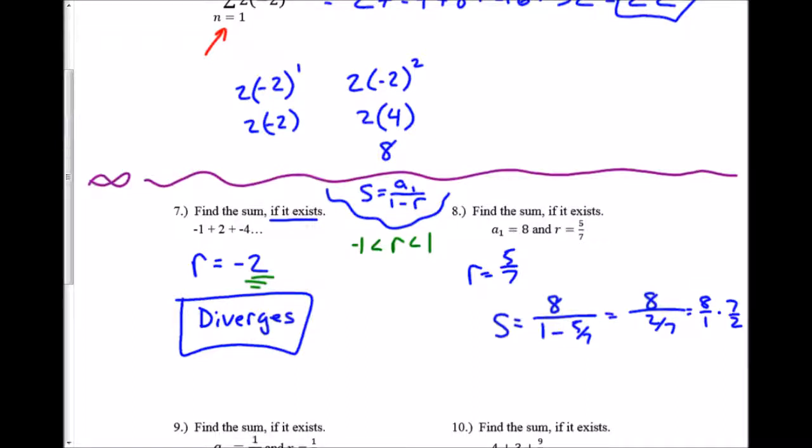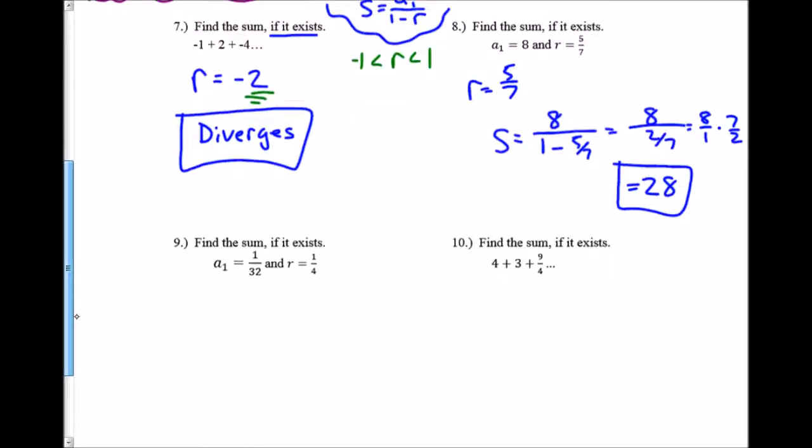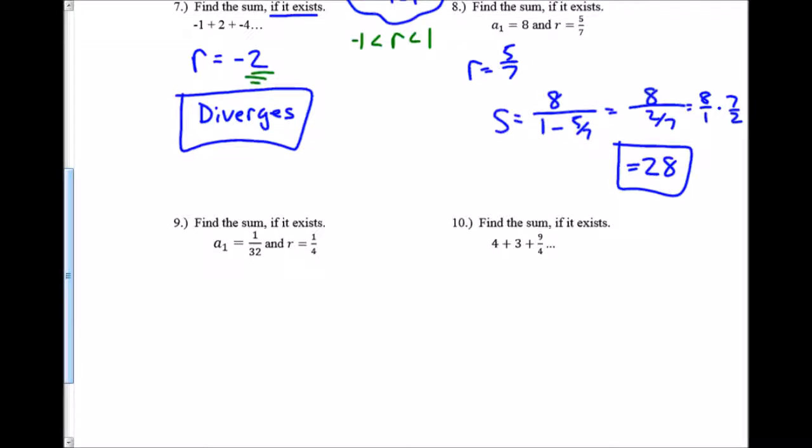That's it. Okay? So sometimes I can find the sum and sometimes I can't. It really depends on the R value. So when I look at the next one, I look at the R value of 1/4. That's in the acceptable range, so I can find the sum. So that's going to be, let's see, A sub 1, which is the 1 over 32, divided by 1 minus R, which is the 1/4.